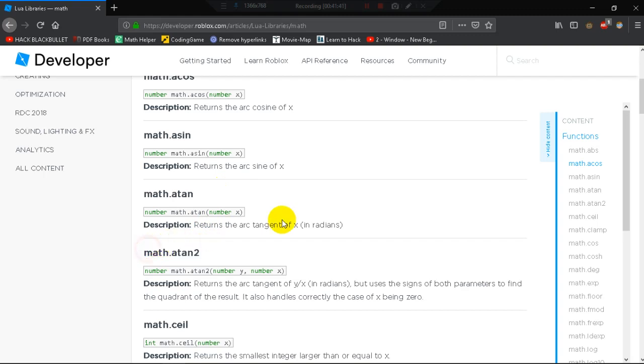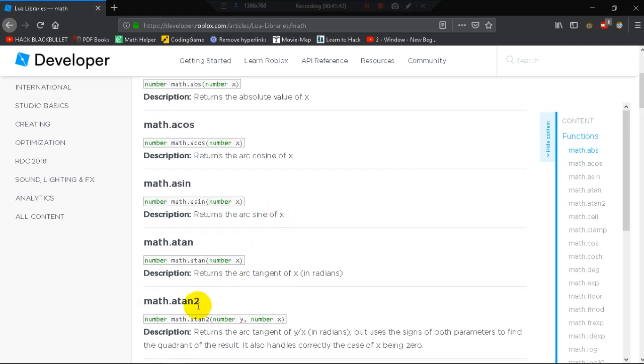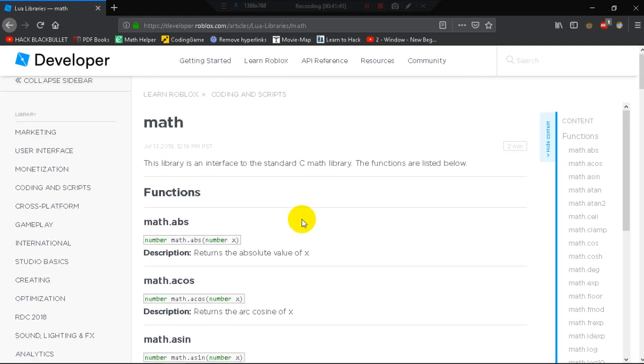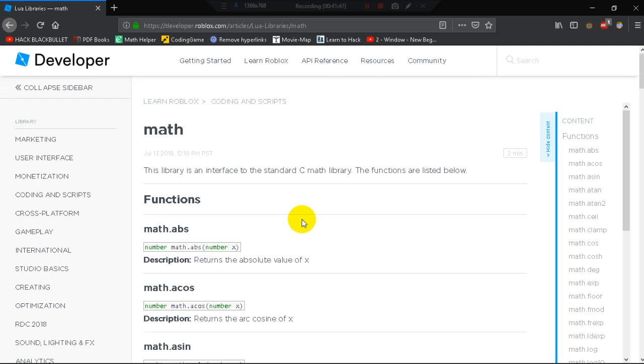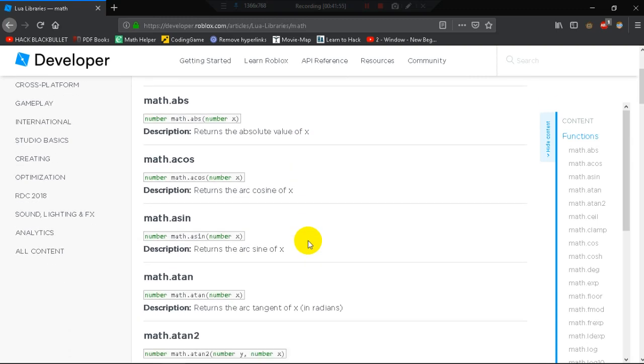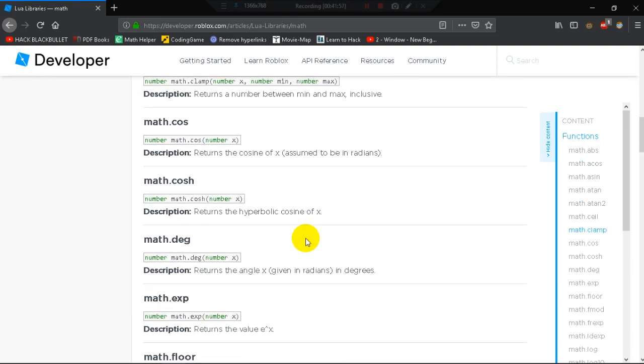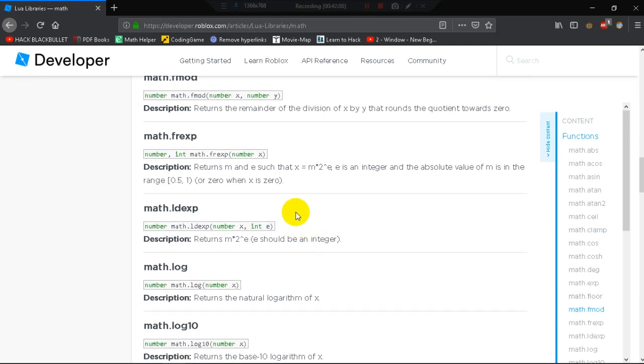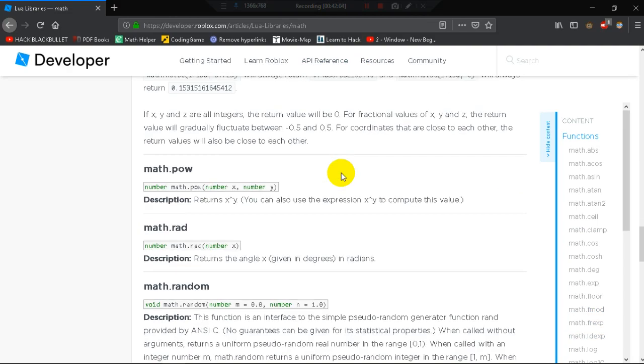Math.atan too, I used a lot, because I want to get the angle. But I'm going to get into these topics in another video, where I'm going to show you how to make a circle or whatever with just multiple objects. Well, it's already a big episode, as you see, 42 minutes already.